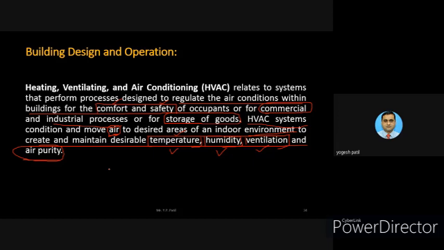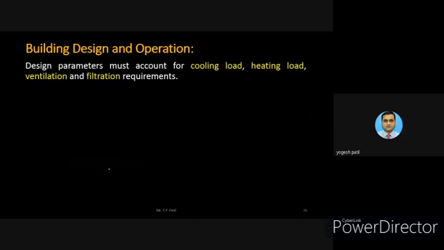So, is there any uncomfortable parameter involved in that particular air? The filtering of that air is very essential in building design and operations. Design parameters must account for cooling load, heating load, ventilation, and filtration requirements.